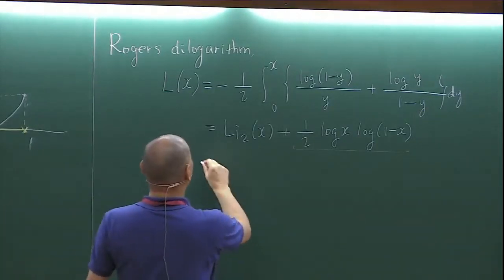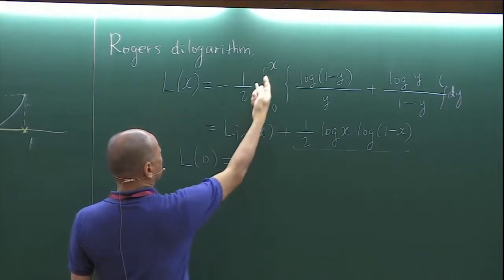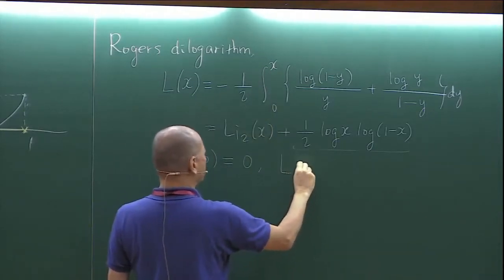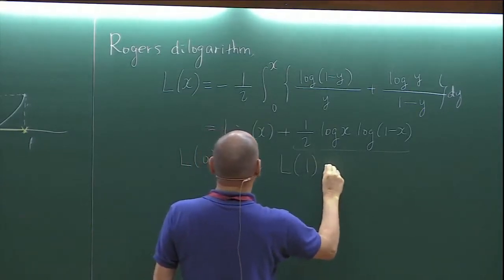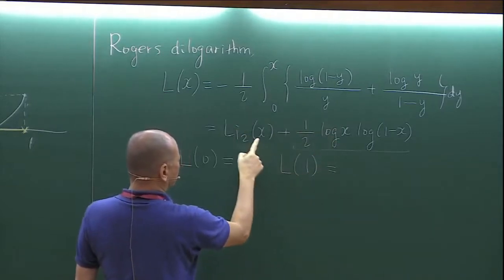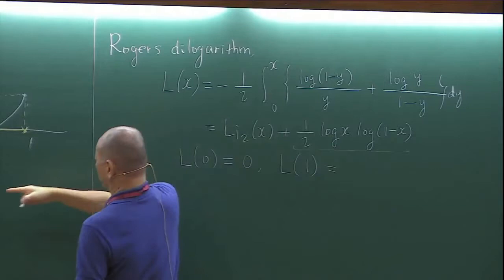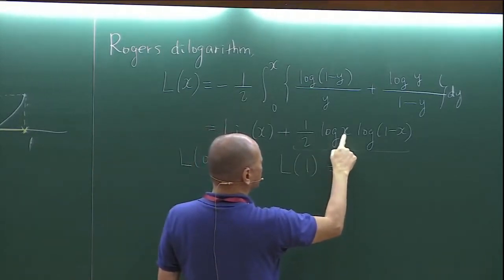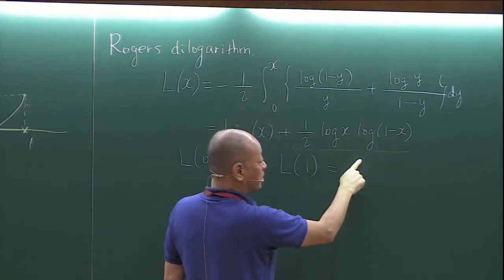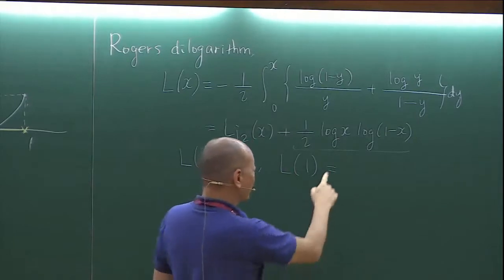You can see once again that this constant term is 0 by definition. On the other hand, at 1, using this property, we have Li2(1), whose value we know, and here we have 0 times minus infinity, which is 0 due to the log property.